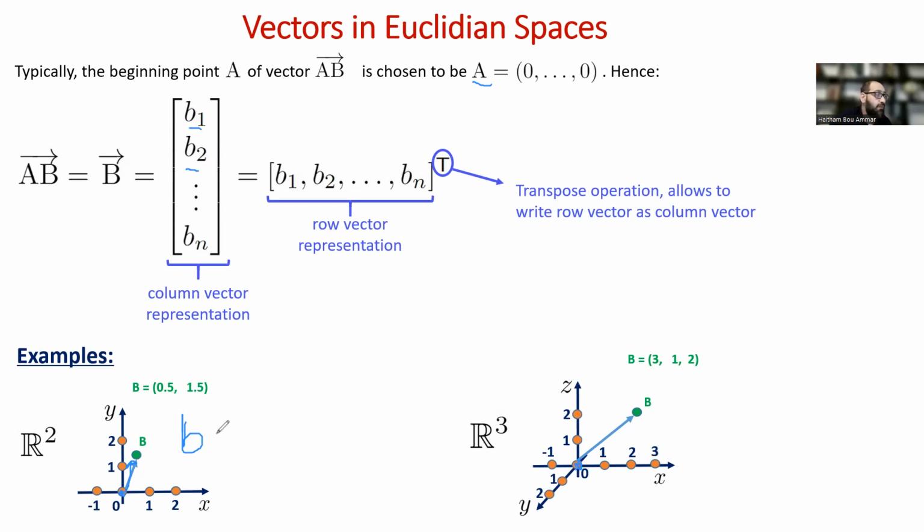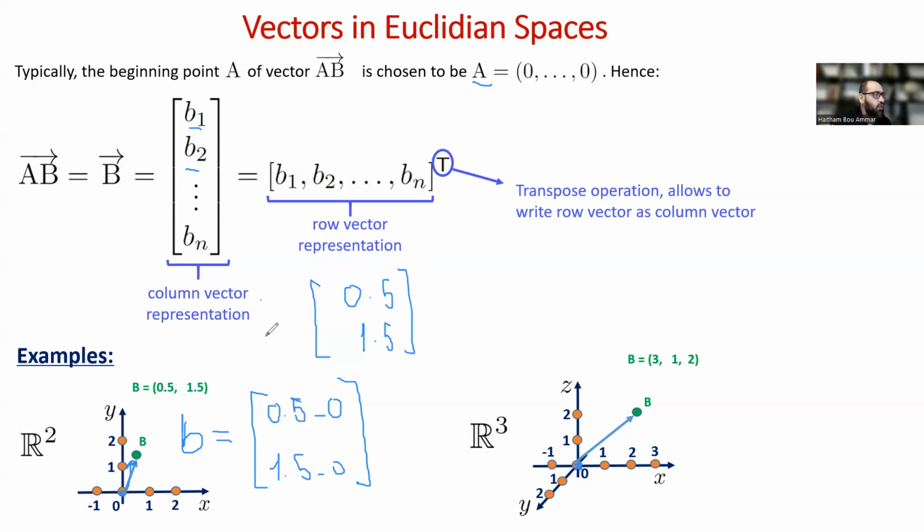So I can write the vector b as 0.5 minus 0, which is just 0.5, and 1.5 minus 0, which is just 1.5. So now I could write this vector b as 0.5, 1.5.